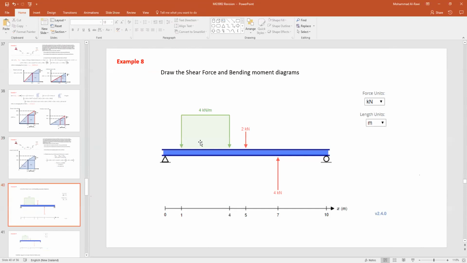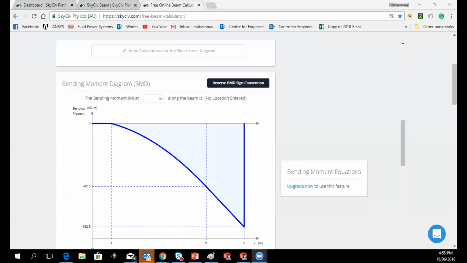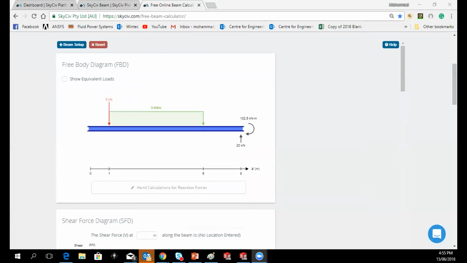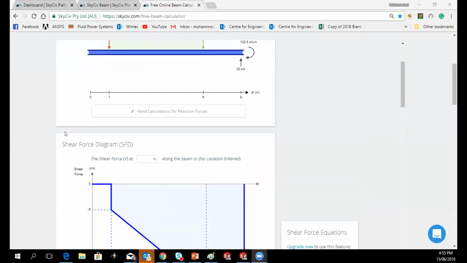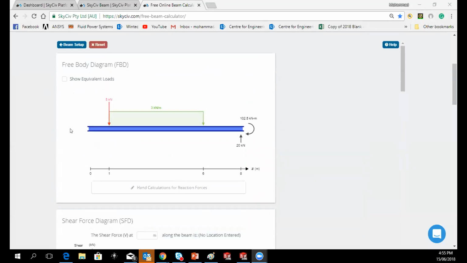And so I will share with you the solutions later, but as well, I want you to go to this website. If you use it for basic use, it's very free. So what's the purpose of this website? This website calculates for you free body diagrams for the application and shear force and bending moment diagrams.